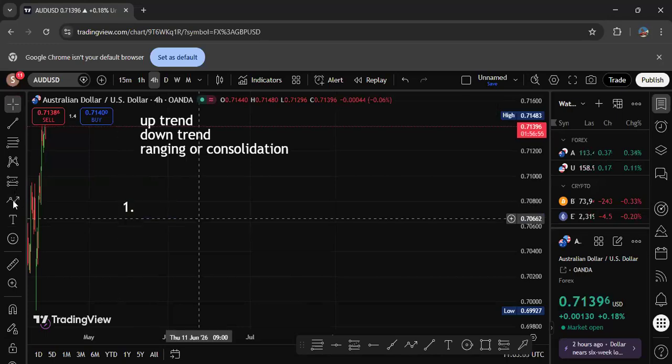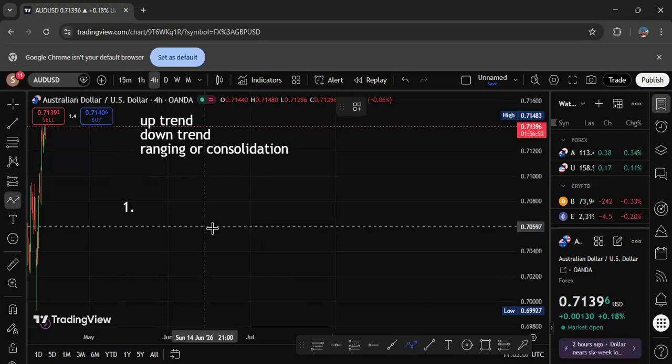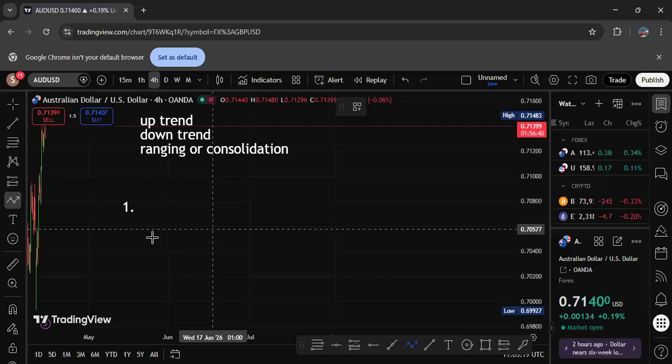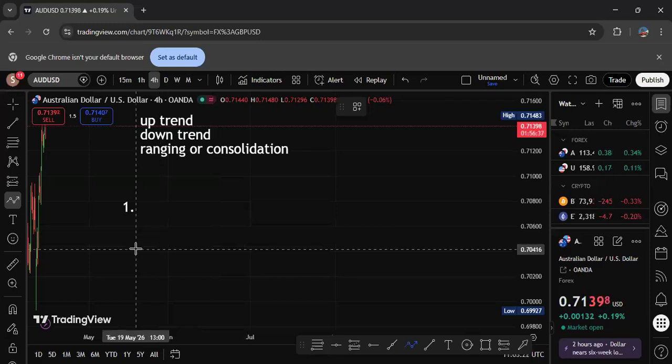When we say the market is trending, you don't know if it's trending up or down. So how do you know if the market is in an uptrend? This is what an uptrend means.